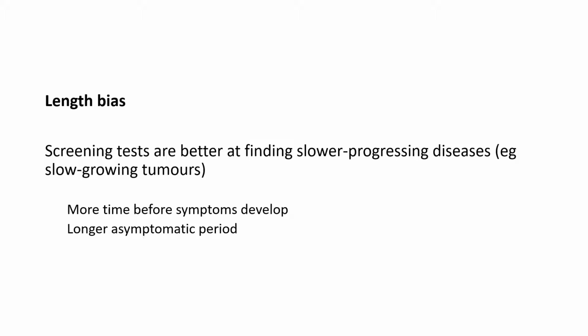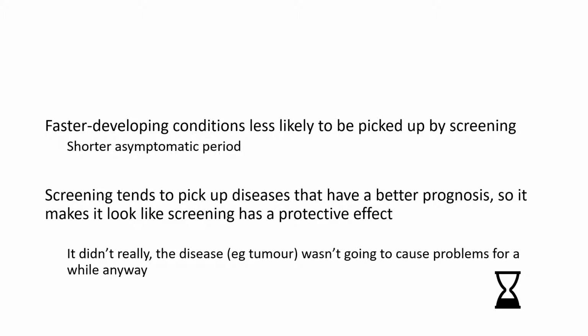There's also length bias, which is illustrated by an example when screening tests are better at finding slower progressing diseases like slower growing tumors, for example. In a slower growing tumor, you have more time before symptoms develop and you have a longer asymptomatic period. And if it's a slow growing tumor, it may not cause problems for many years.